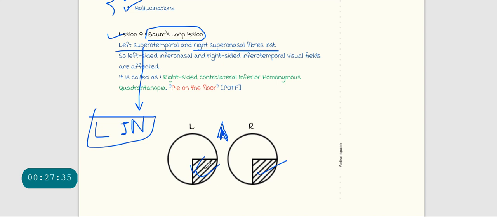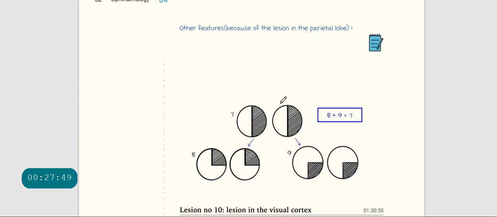So from a mathematical aspect, you can say that lesion number 8 plus lesion number 9 gives us lesion number 7. Now we are coming to lesion number 10, that is lesion in the visual cortex.